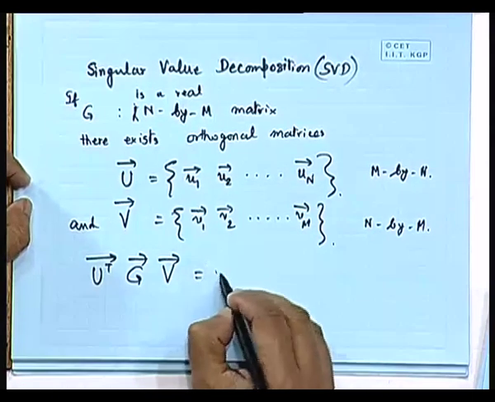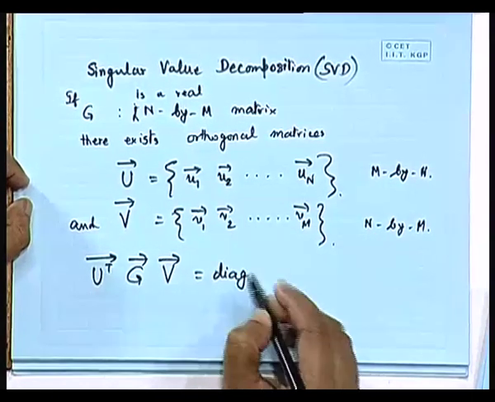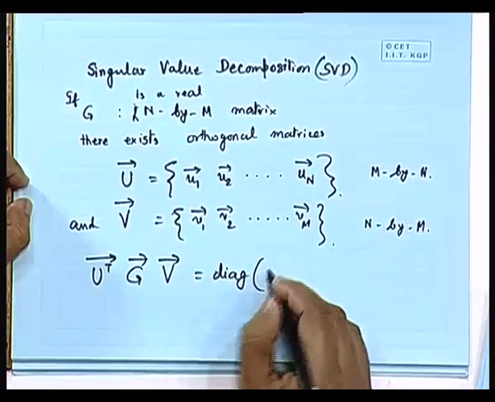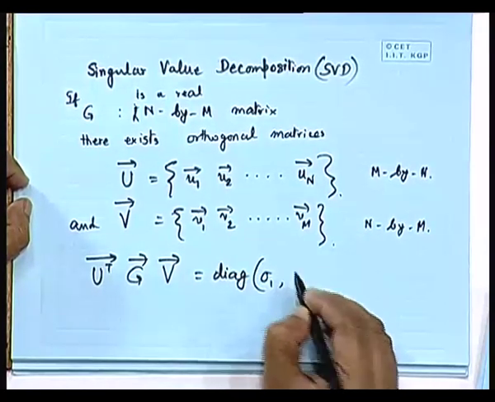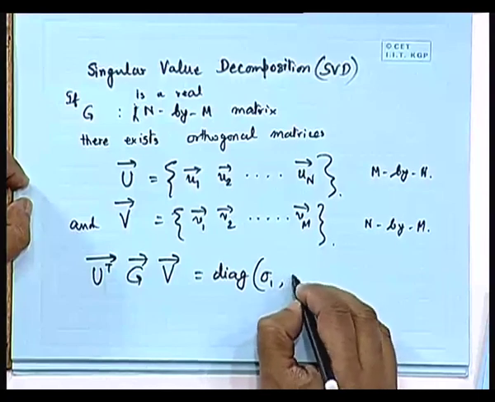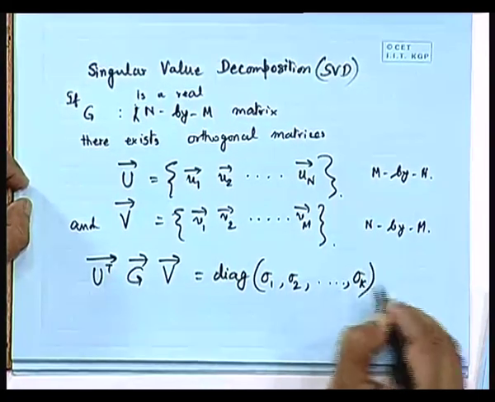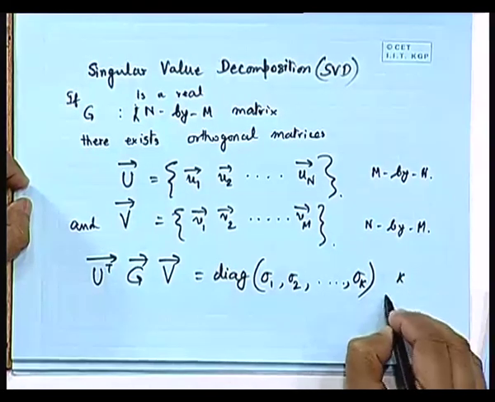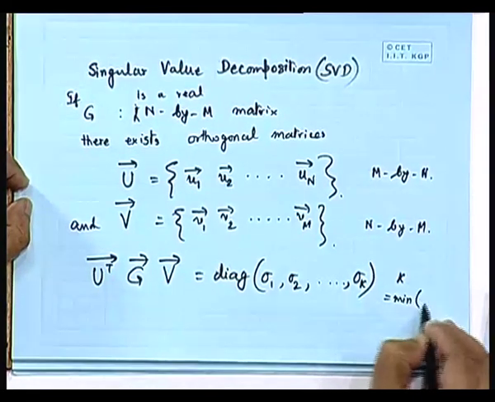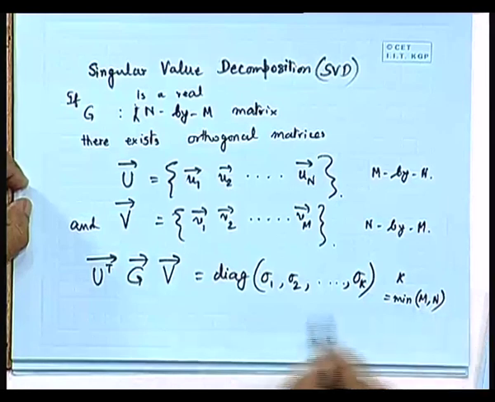So this is to be diagonalized, and we get a diagonal matrix whose diagonal elements are sigma 1, sigma 2 up to sigma k, where k is the minimum of m and n.